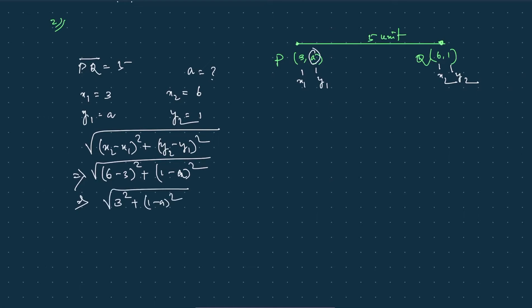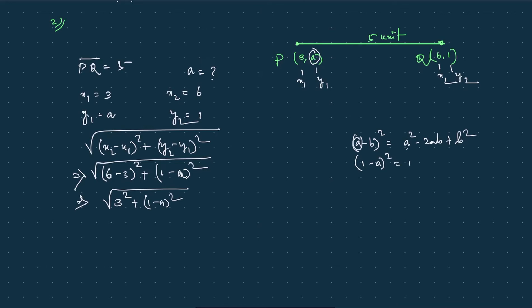Okay. What is (1 minus a) whole square? We know the (a minus b) whole square formula. This is equal to a square minus 2ab plus b square. So I'm going to replace here: instead of a we have 1, and for b we have a.